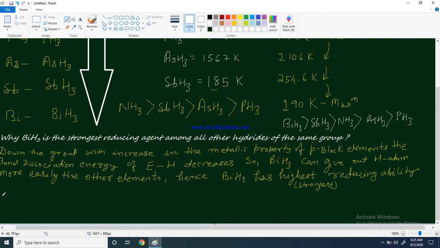Another question could be, what is the order of basicity of hydrides of group 15?